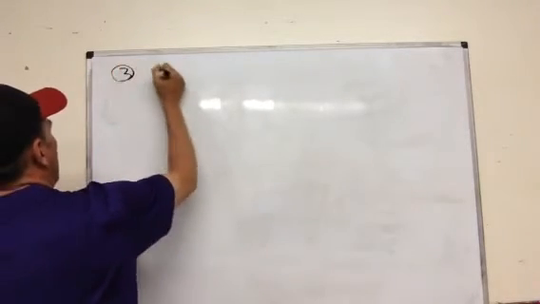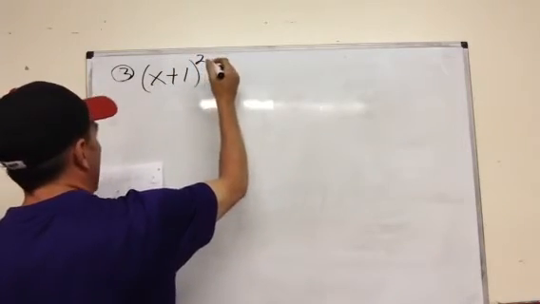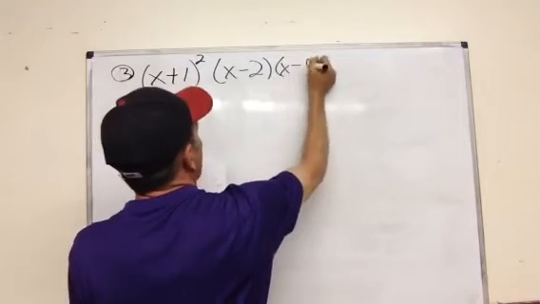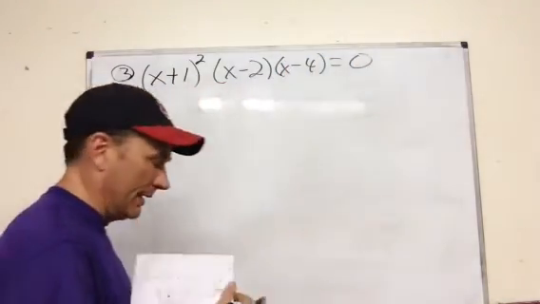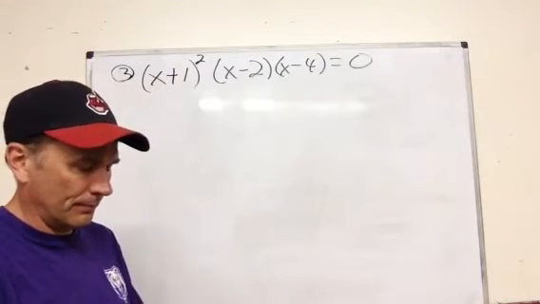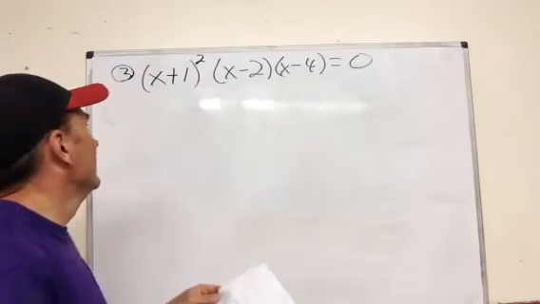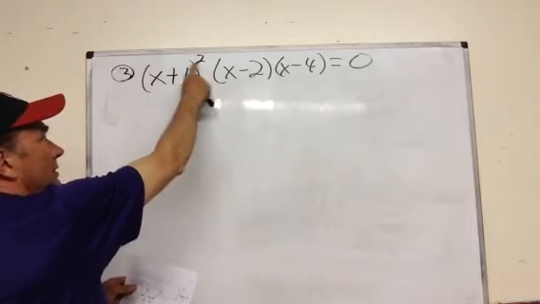So here's number 3. We have x plus 1 squared. We didn't have that before. x minus 2, x minus 4, all equals 0. So again, first of all, we have to think about our end behavior. Now, here, this is squared.